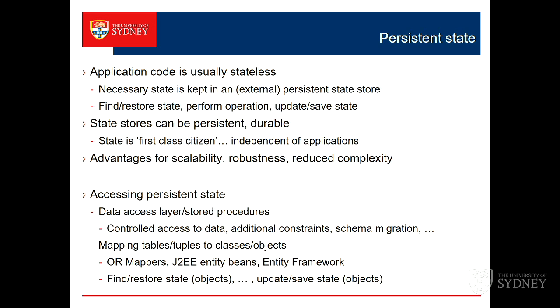And that means that the resource state in one of those state stores really can be a first-class citizen because it's now independent of the applications. New applications can go and get it. It will always be there.